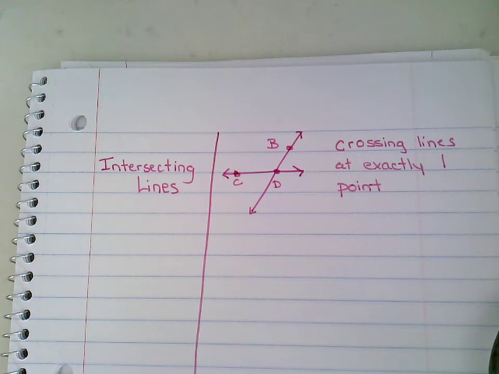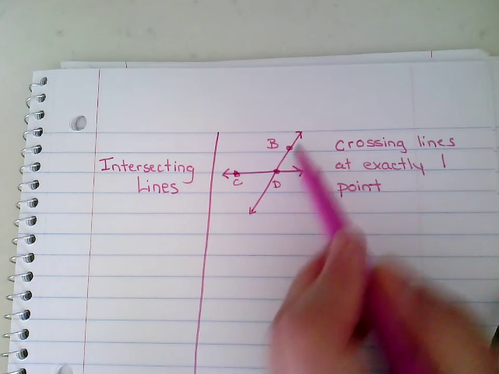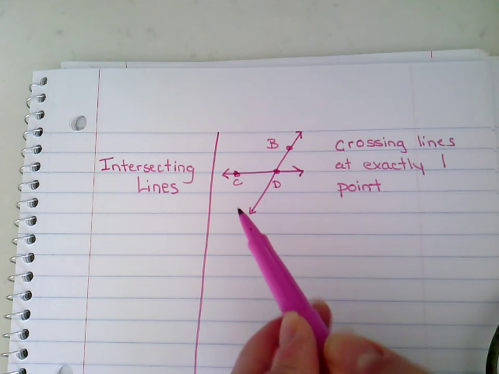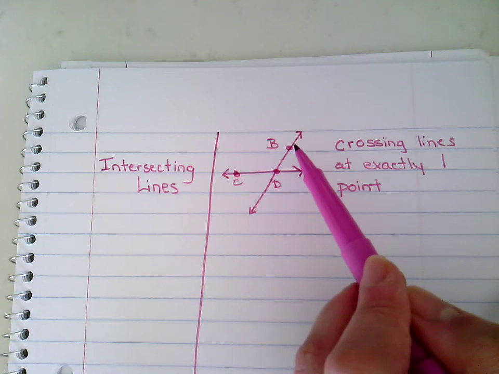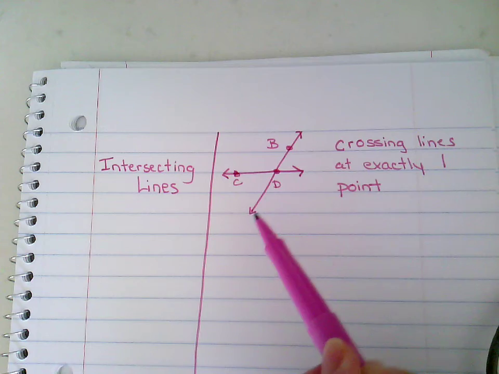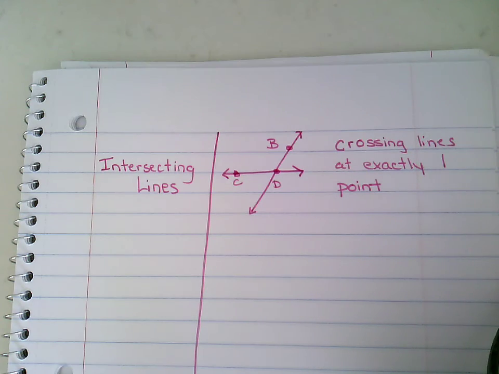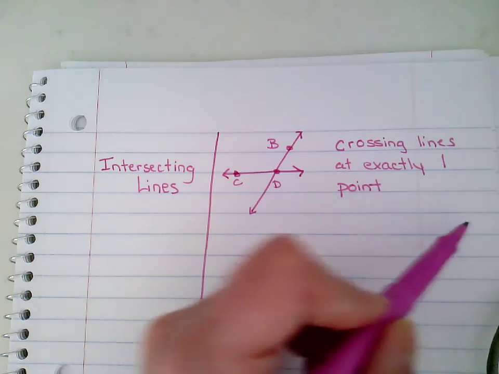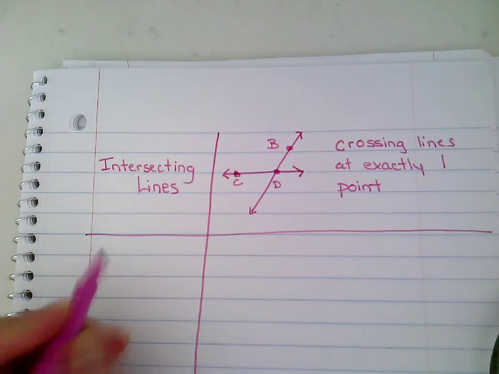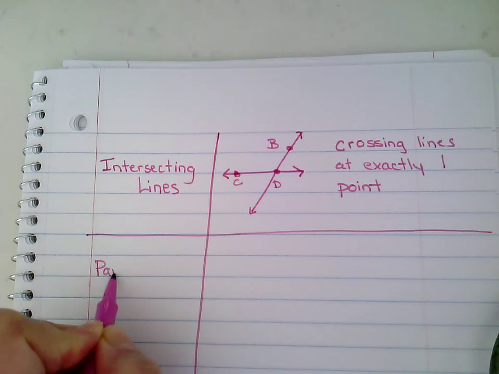Okay, so they cross and they cross at exactly 1 point. So here you can see that it's a little bit of a diagonal line, but line BD only cuts through one time.